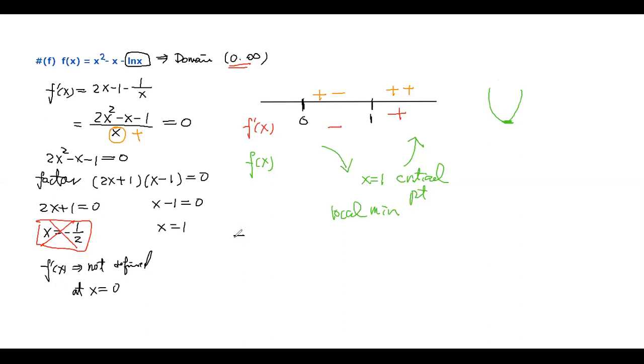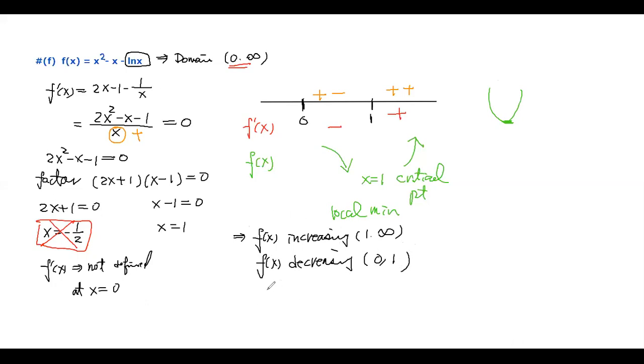So now let's try to write it. We know f of x is increasing from where? 1 to infinity. f of x is decreasing from where? Be careful about the domain, right? So it's from 0 to 1.